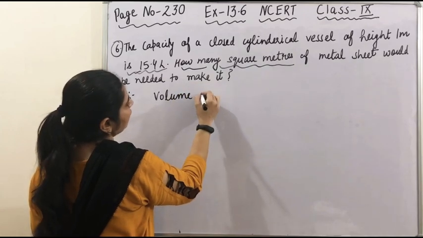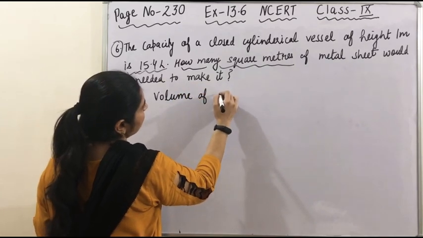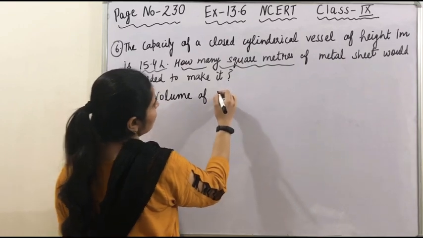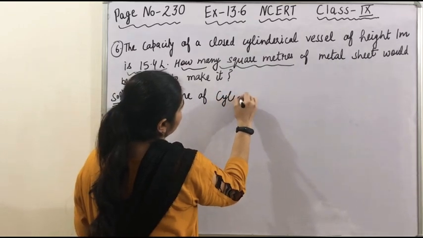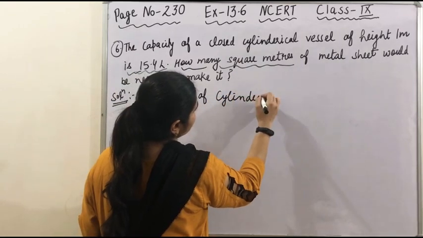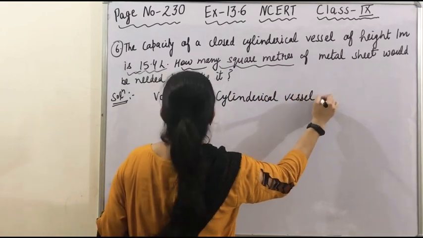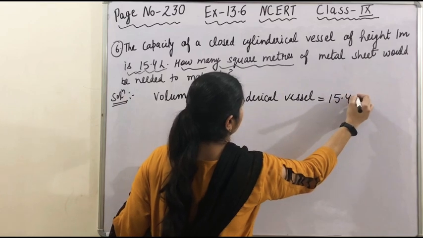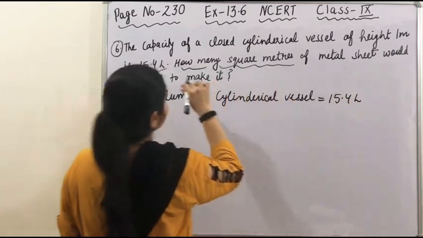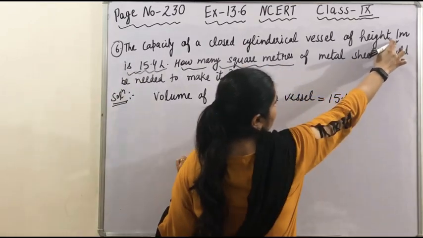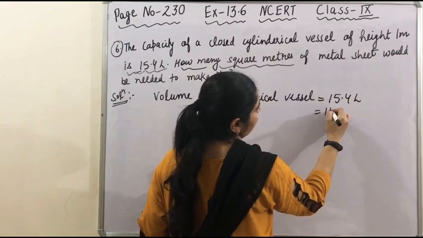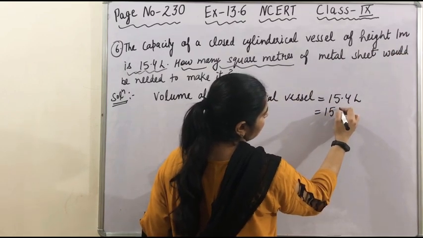Here I am writing volume of the cylindrical vessel, not cuboid, is given as 15.4 liter and height is in meter. So we can convert this liter also into meter cube.